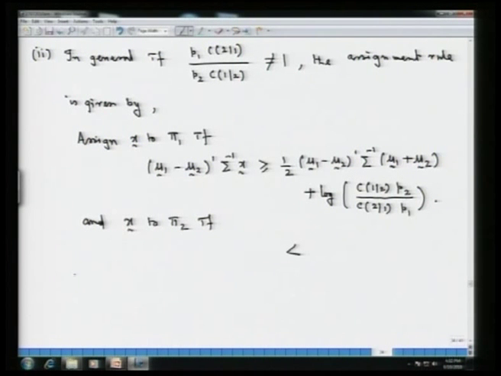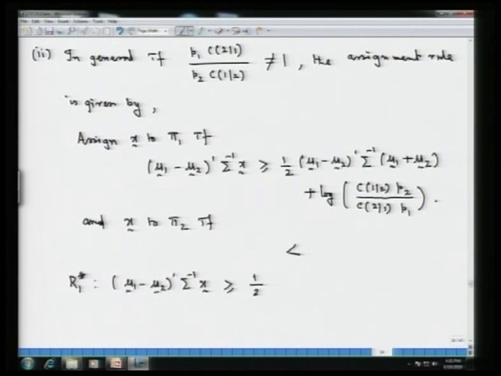And thus we have got this R 1 and R 2 region for this. That R 1, let us write that to be R 1 star to distinguish it from the previous R 1. So, this region now is mu 1 minus mu 2 prime, sigma inverse times x, this is greater than or equal to.